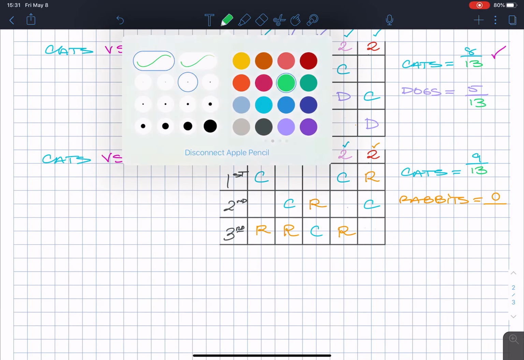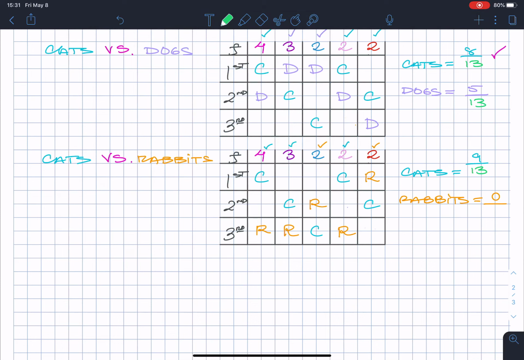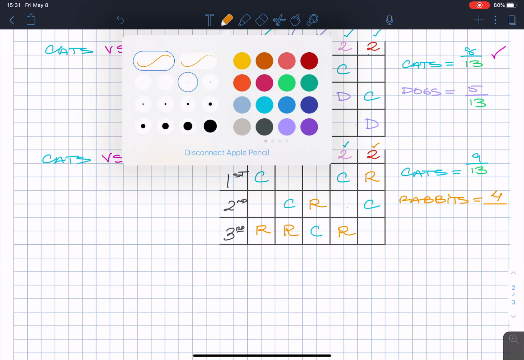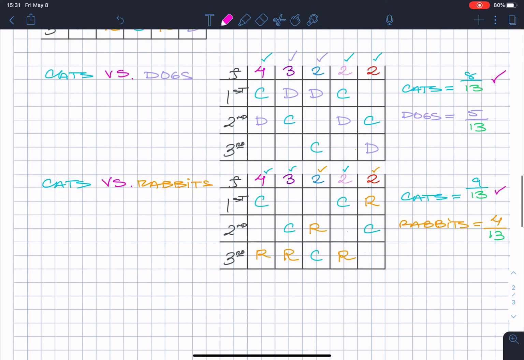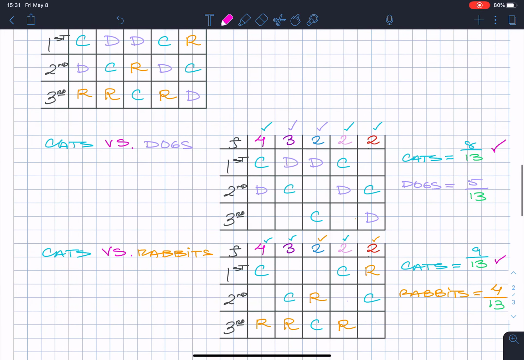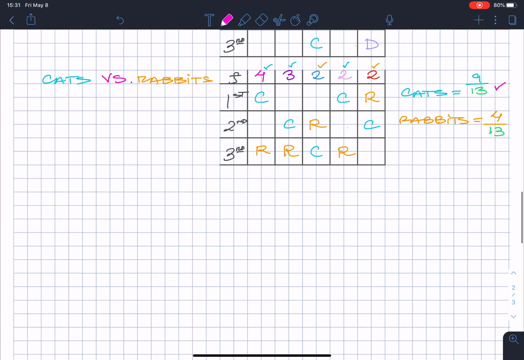Okay, do you agree that in this case, why did that just make a circle? That's weird. I want the number 4. So 4 out of 13. In this case, cats win once again. Because cats won in a 2-candidate matchup with every other candidate, cats win overall.